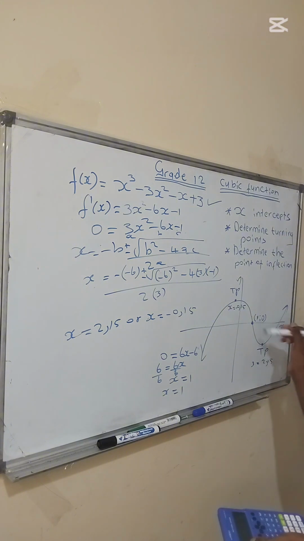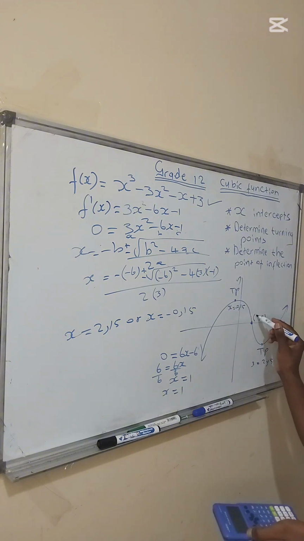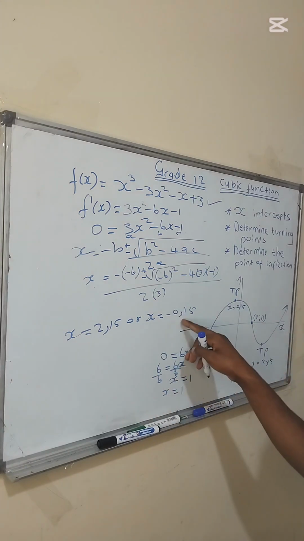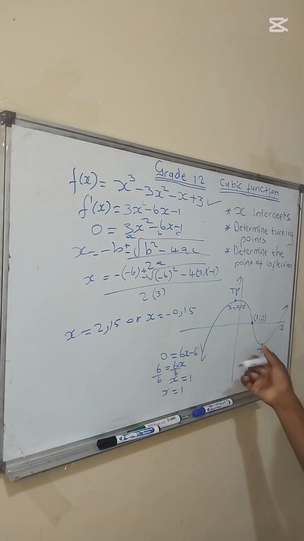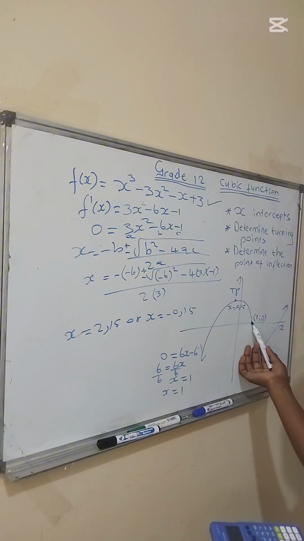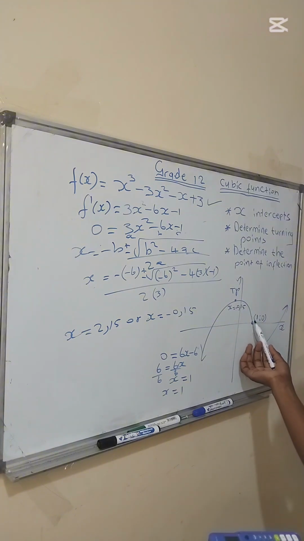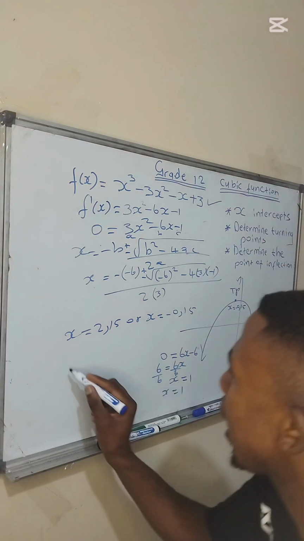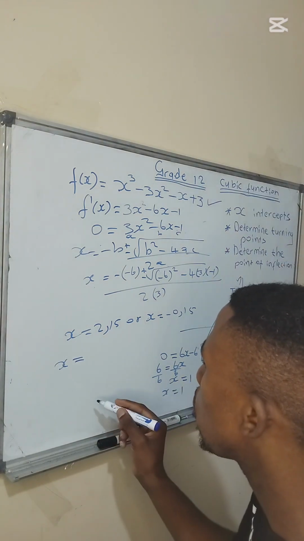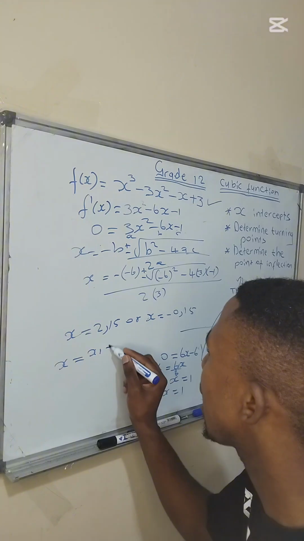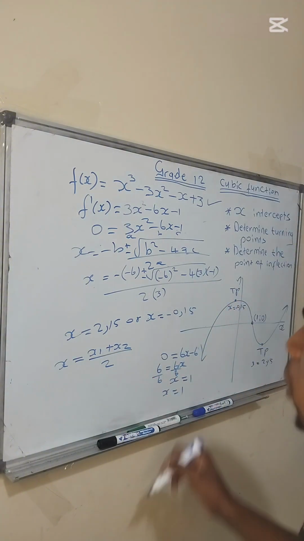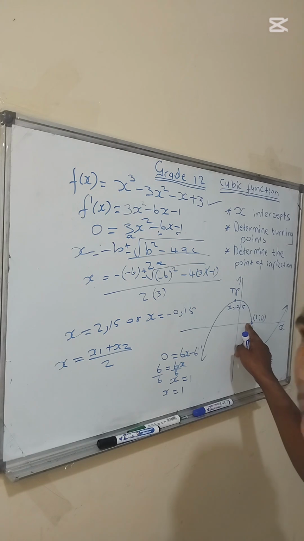Then in order for you to find the point of inflection, you just need to add these two values, because a point of inflection is a midpoint of the turning points. So you just need to say x is equal to x1 plus x2, divided by 2, because the point of inflection is a midpoint.